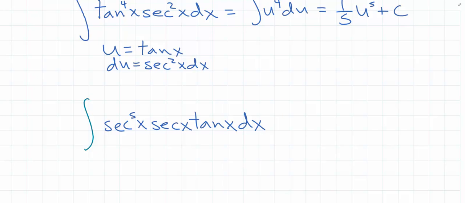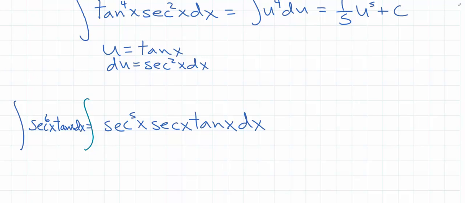I wrote this one out, and it's kind of awkward, the way I wrote it: secant to the fifth x, secant x. You might say, well, why didn't you just say secant to the sixth? Okay, so what I did was I kind of jumped ahead in a process. This integral probably would have been given to you this way: secant to the 6x tan x.